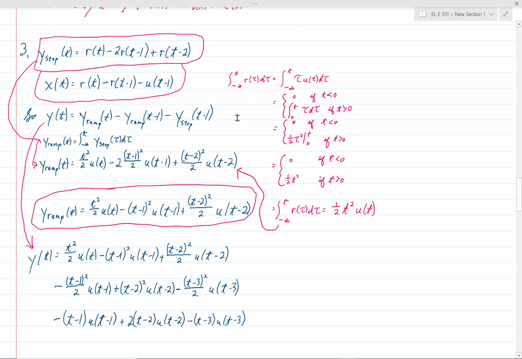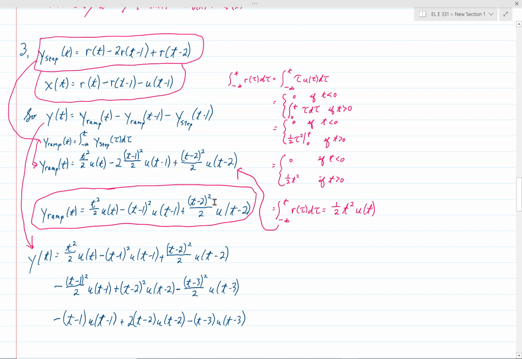And remember, we have already said that y of t, which is what we want, is the response to the ramp of t minus the response to the ramp of t minus 1 minus the response to the step of t minus 1. So we're all ready now to finish this problem. Let's write it down then. y of t, again, is the response to the ramp of t. And we found that right here.